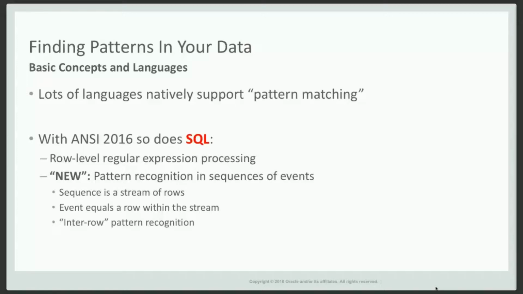What you want with pattern matching is not necessarily to work on a specific row and a specific column within that row, but to move within a sequence of events, step backwards, step forwards, step across to different columns, and do different types of analytics. So you have this inter-row processing going on. That's what we've added, and that's part of the ANSI 2016 standard.